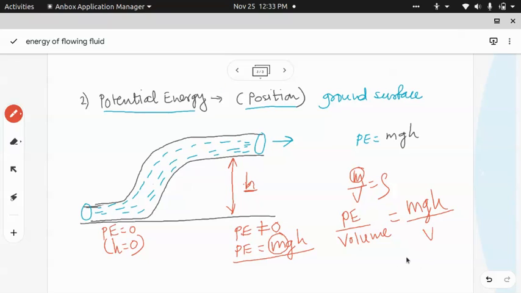What you will get here: mass upon volume is density, and again you have g and h. So you do not have any mass term here, so there is no need to calculate the mass.